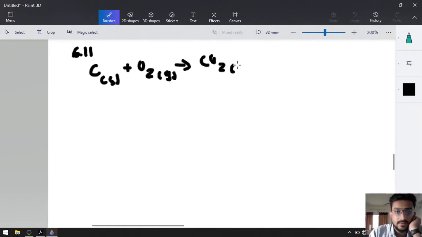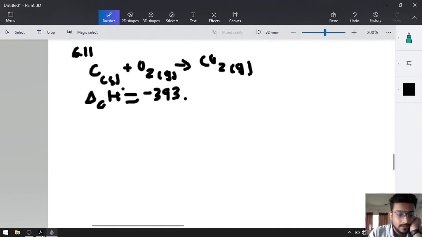For this reaction, delta C H naught has been given and it is equal to minus 393.5 kilojoule mole inverse.